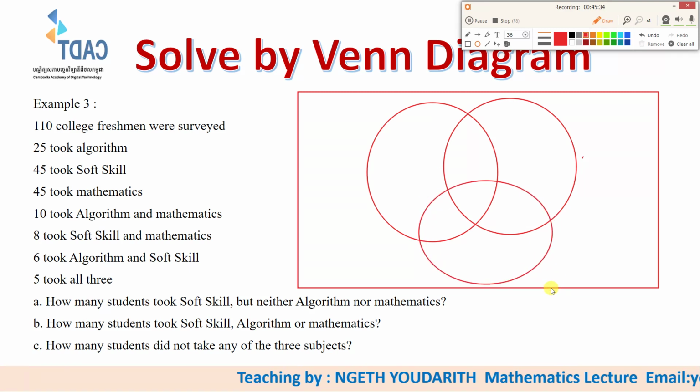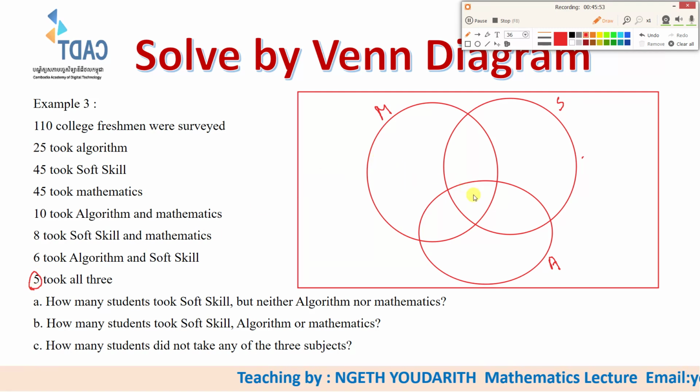I just write math, soft skill, and algorithm. So 5 took all 3. So this one, 5 took all 3.